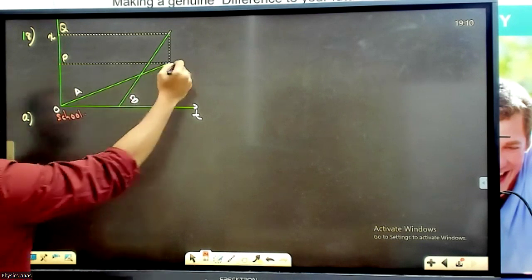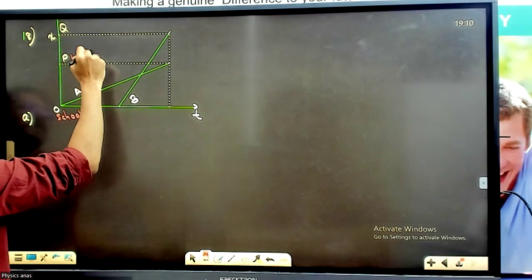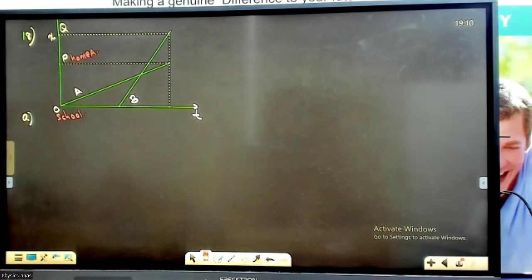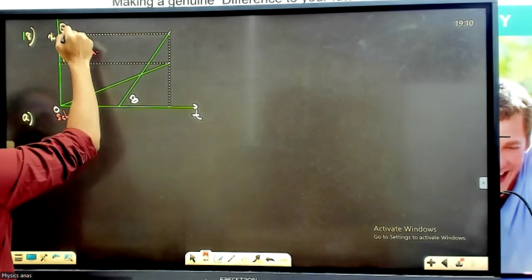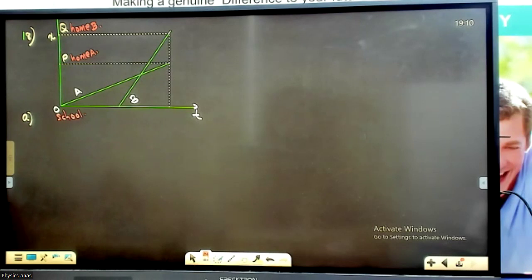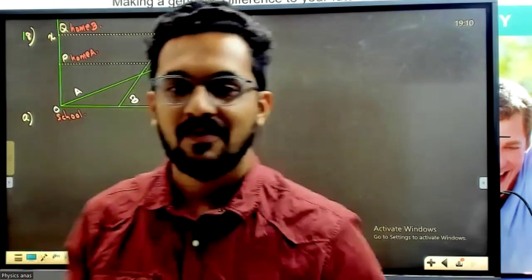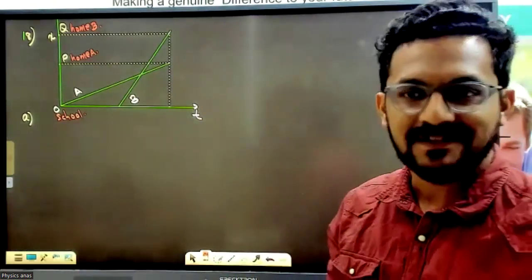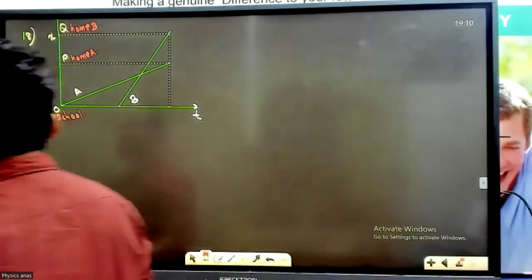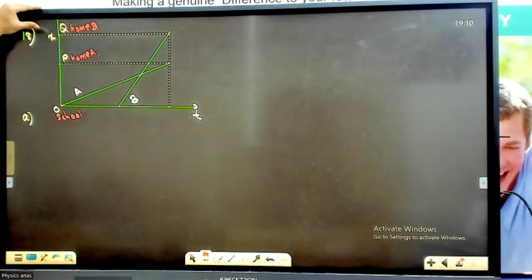It is given to their homes P and Q respectively. That means home of A is P, and home of B is Q. Got it? Okay. Now tell me who is near to school. This line is the y-axis, and in the y-axis you have displacement.